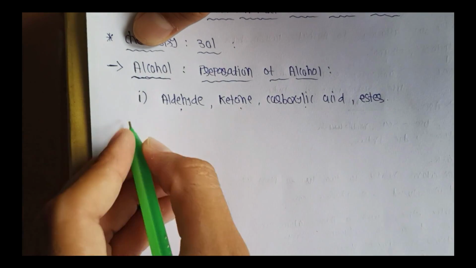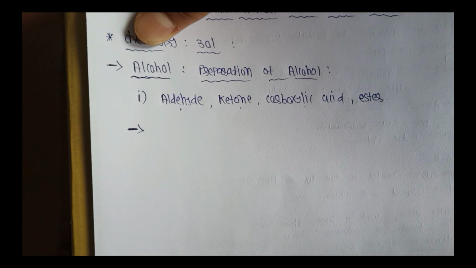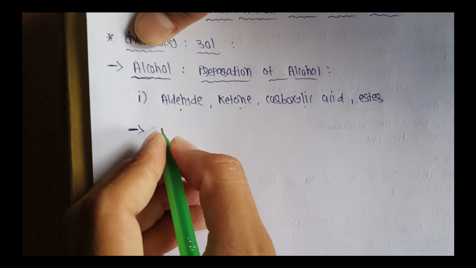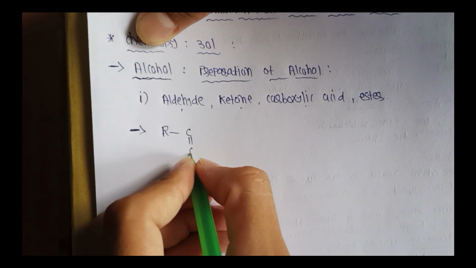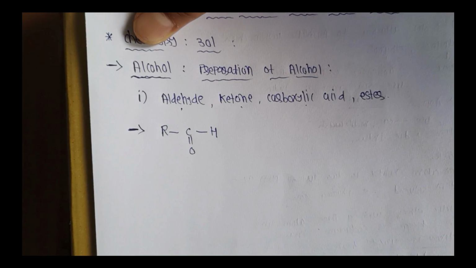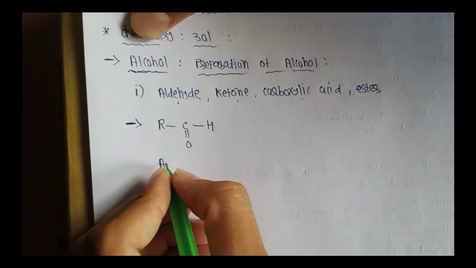Now step by step, first, how to prepare alcohol from aldehyde. Aldehyde means R, C double bond O and H. This is the general formula of aldehyde.